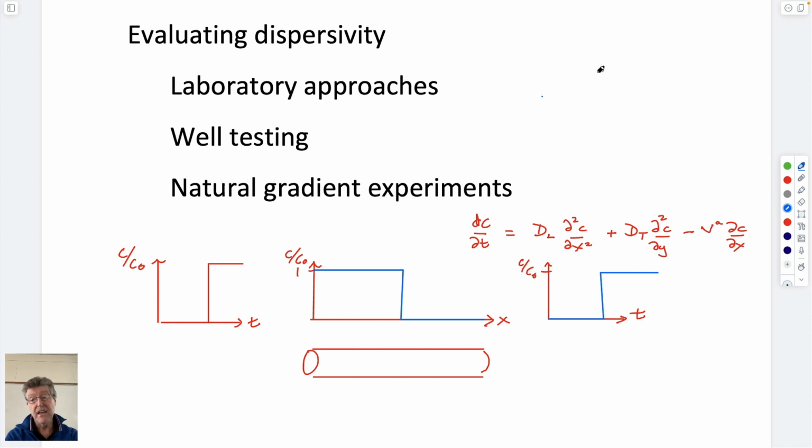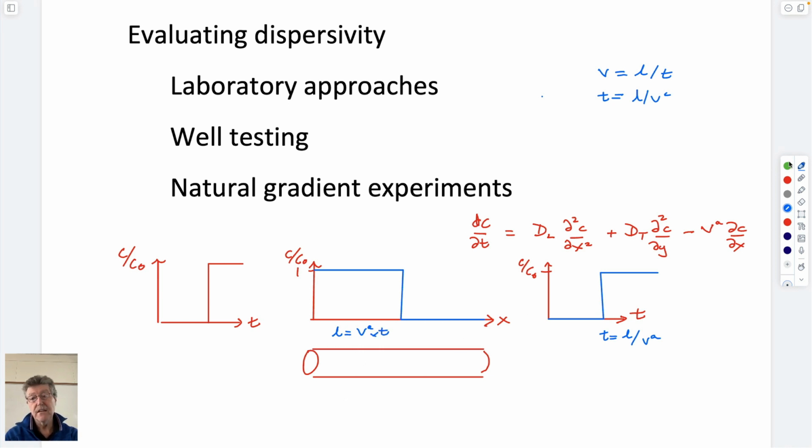We know that velocity is equal to length over time, so time traveled is equal to length over velocity. This is, I guess, the only one we don't have. Length is equal to velocity times time.